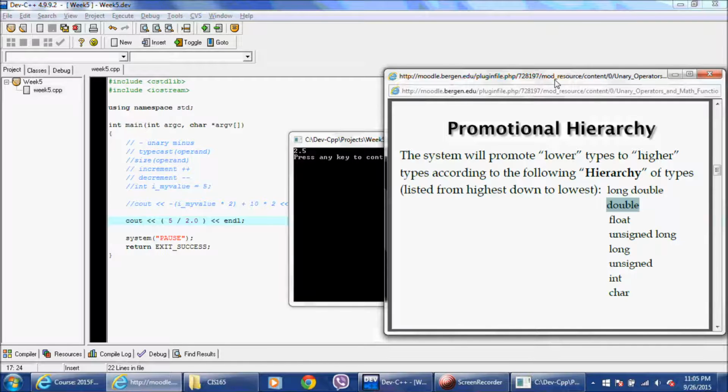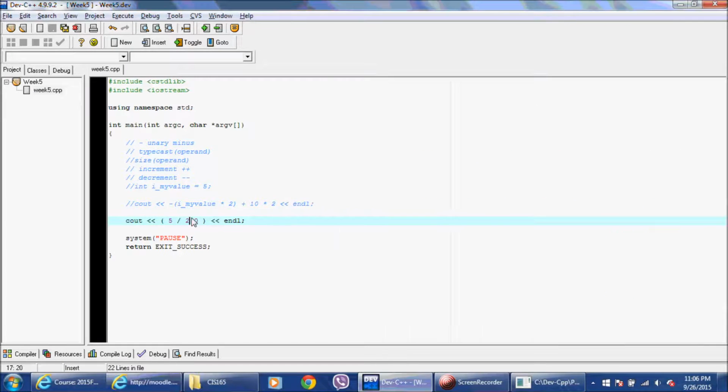The outcome of the expression will be the higher data type. Just like in this case, 5 divided by 2.0 gave you a floating point result, which is a double.